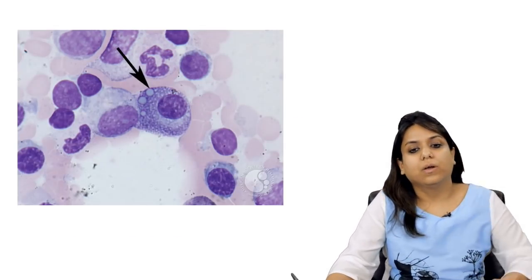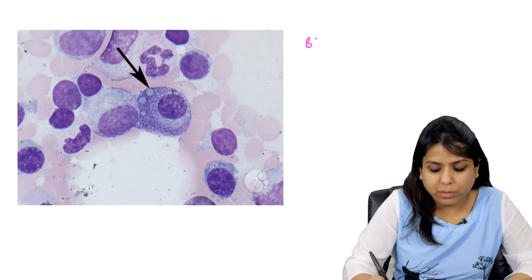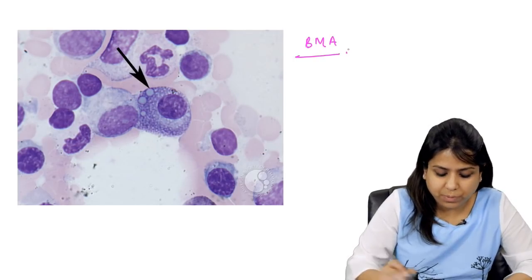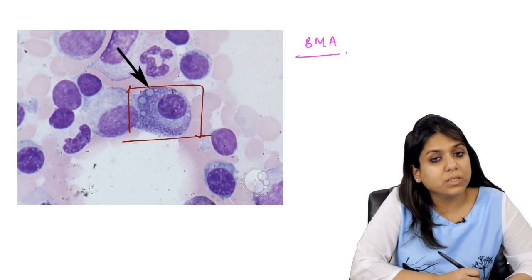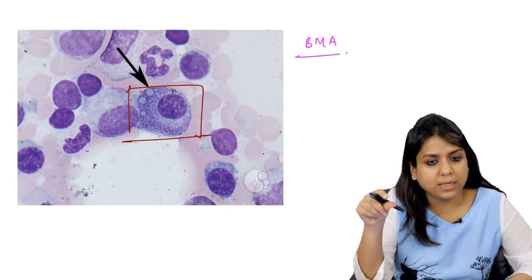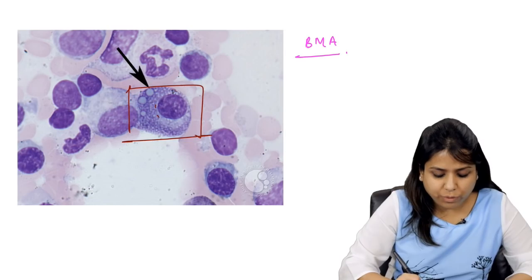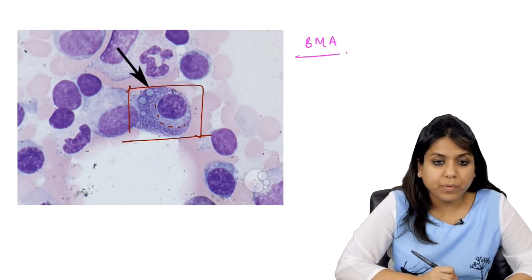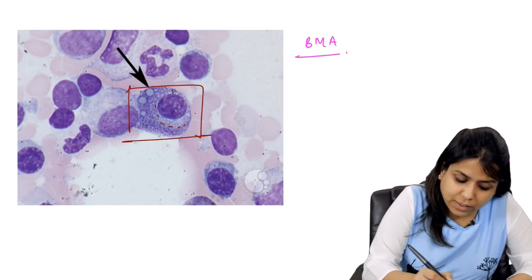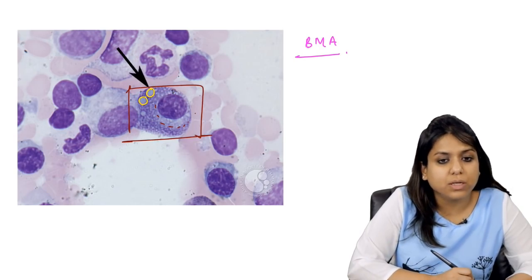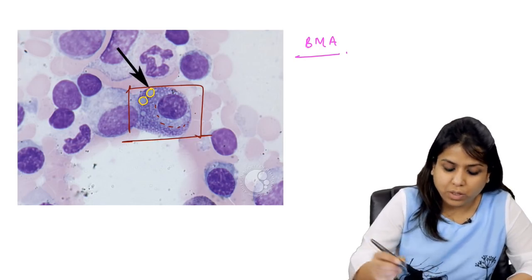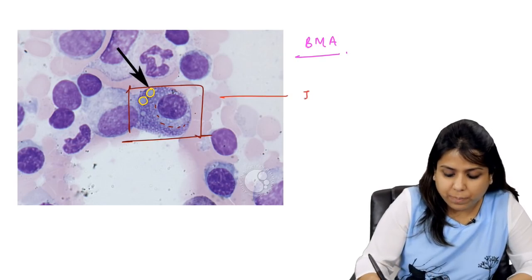Next image. Again, a very important image, students. This is also a bone marrow aspirate. I can see this cell, right? This is a plasma cell because it has an eccentric nucleus and a beautiful perinuclear halo. In this cell, I can see these inclusions. Can you appreciate these inclusions in the cytoplasm?